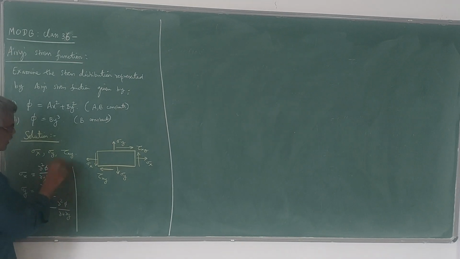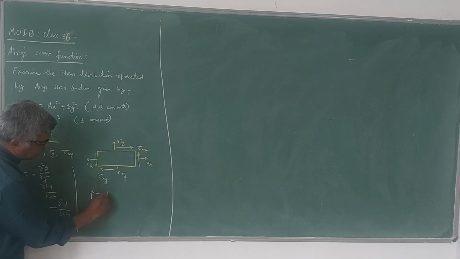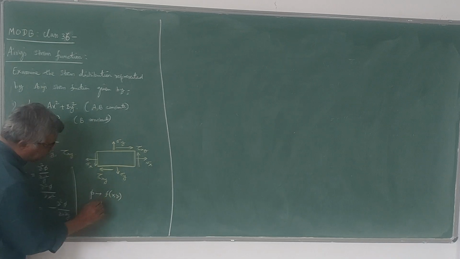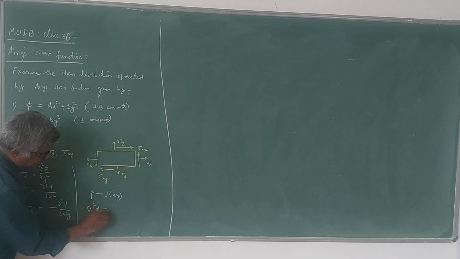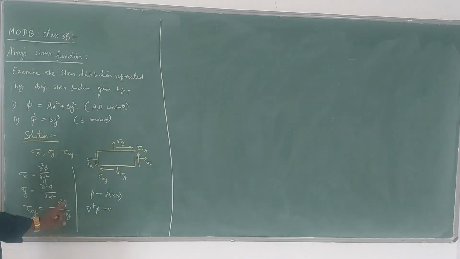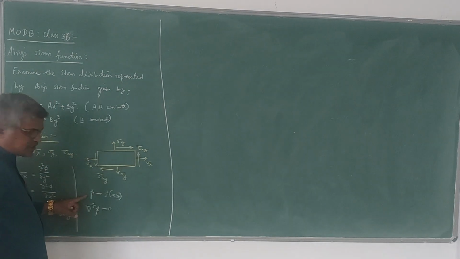Actually, a function phi is said to be an Airy's stress function in x and y, provided its del power 4 phi is 0. So this is the condition for phi to be an Airy's stress function.